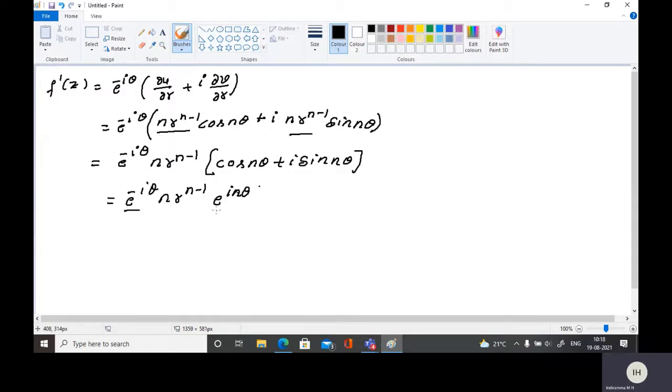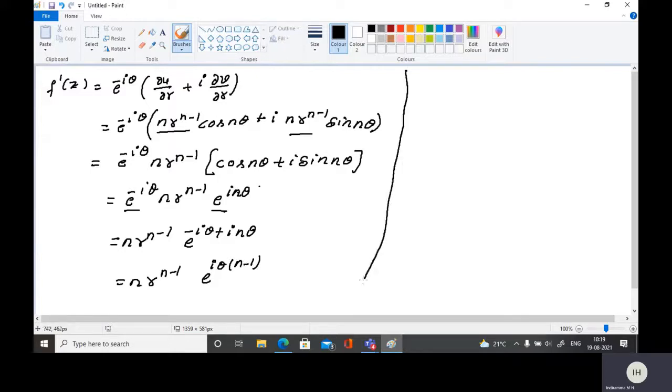So here the bases are the same, we can add the powers. n r^(n-1) e^(-iθ + inθ). Next, n r^(n-1) e to the power of, take iθ common, what are we left with? (n-1).